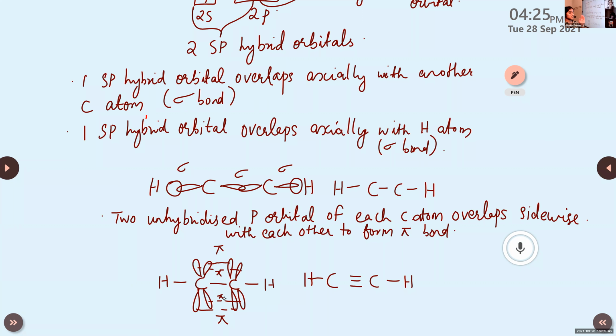They overlap sidewise with each other to form the pi bond. So axial or head-on overlapping leads to the formation of a sigma bond, and sidewise overlapping leads to the formation of a pi bond. Clear, children?